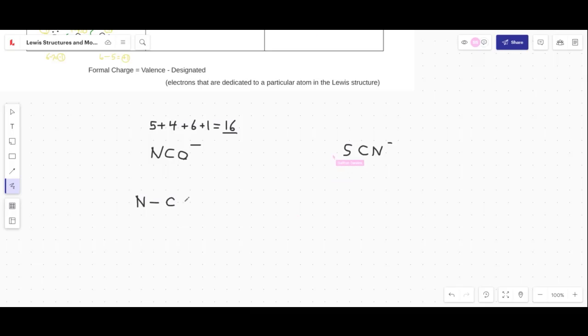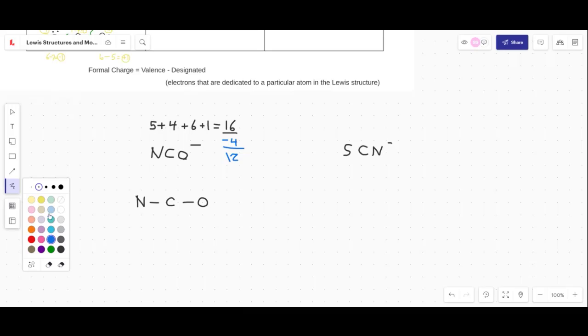N is connected to C, which is connected to O. Alright, so I've used up 4 valence electrons. So now that I've used up 4, I have 16 minus 4, which is 12 valence electrons left. I'll place my remaining electrons in pairs on atoms that do not already have a full octet.